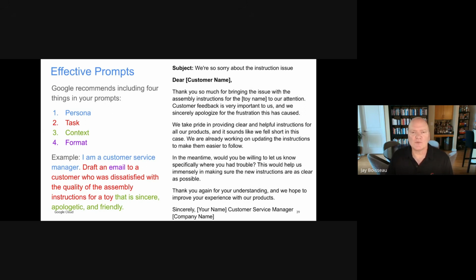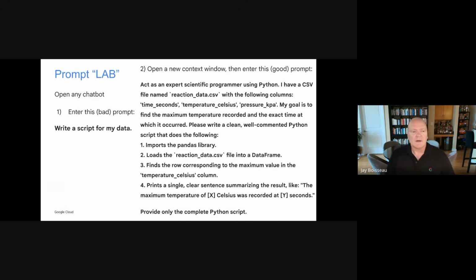That second prompt will generate an entirely different answer. It may have some of the semantic overlap, but it will now talk to you as an expert as opposed to as your best friend. This is just an example here of putting all four of these components in and the kind of email it generated on the way out.